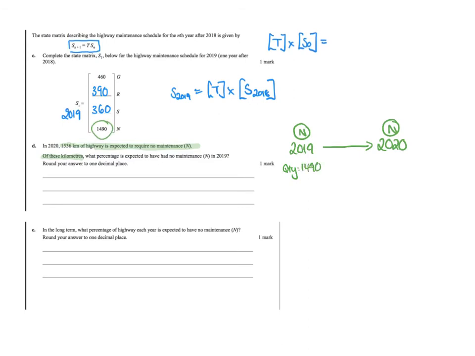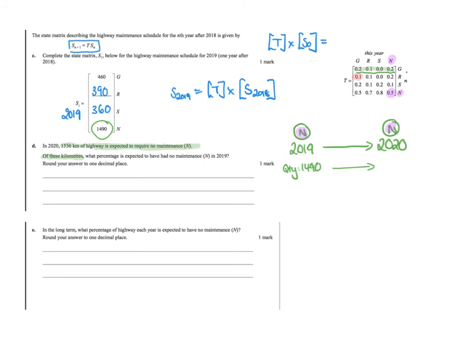Okay, and first of all, we want to know how many of them went to no maintenance again. So I need to go back to the transition and have a look at it. Hold on a sec. Okay, so I'm looking at this transition, and I want to see from no maintenance to no maintenance. So from no maintenance to no maintenance is 50%.